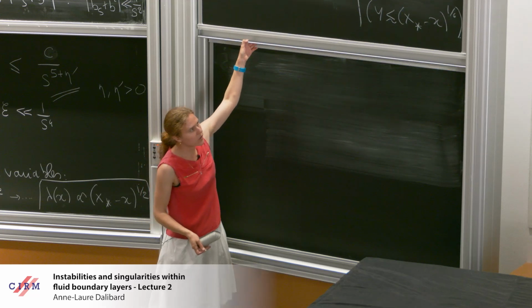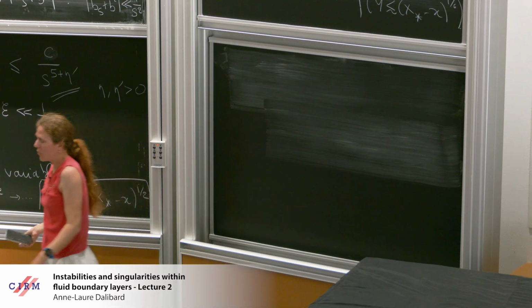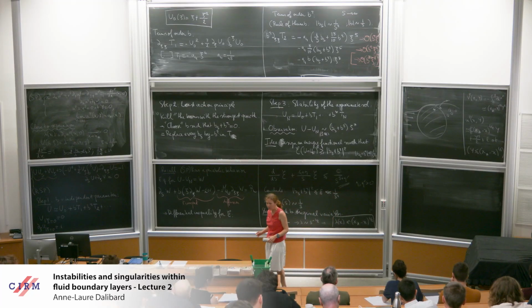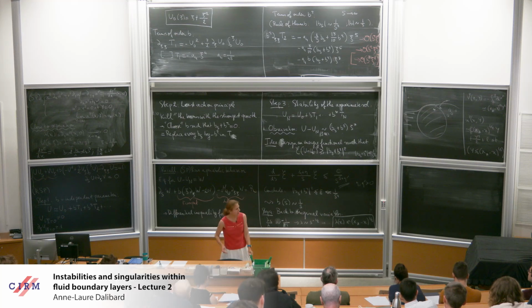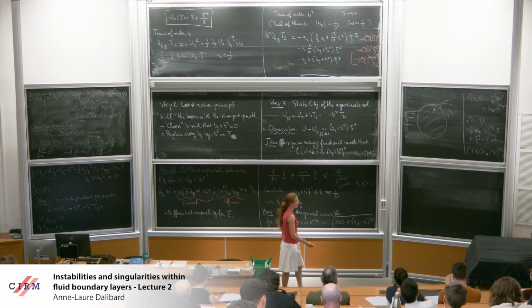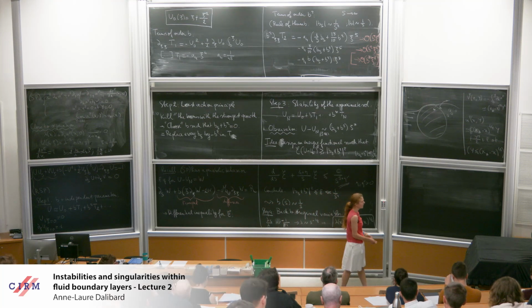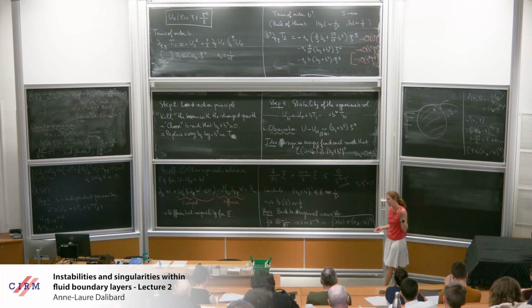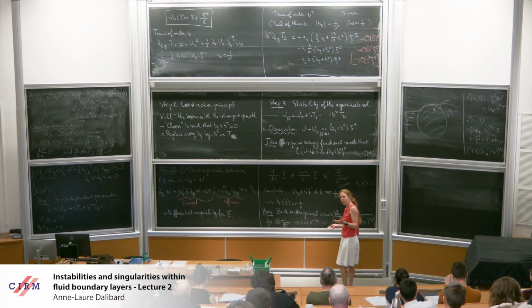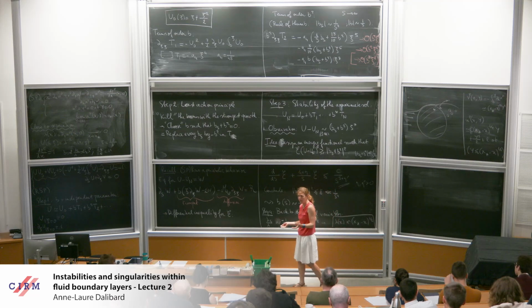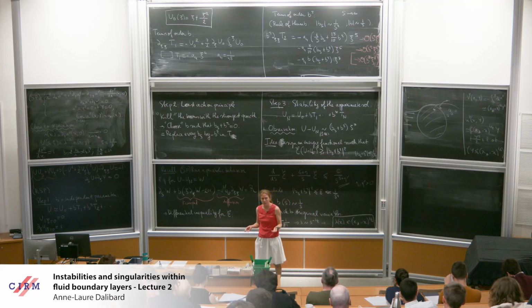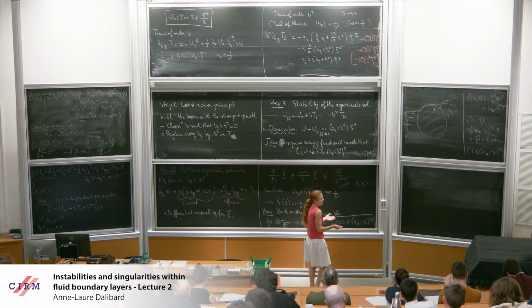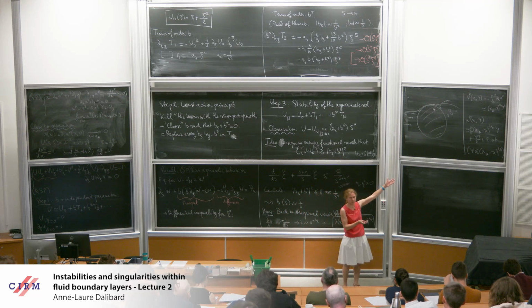Another way to see it is this: when I discussed with my colleagues, for instance Pierre-Yves Lagrée at Laboratoire d'Alembert in Paris, what he explained to me was that this singularity is believed to be an artifact of the Prandtl system, but it's not really there in the Navier-Stokes system, because in the Navier-Stokes system, in the stationary case, it's an elliptic system, you don't have such singularities.